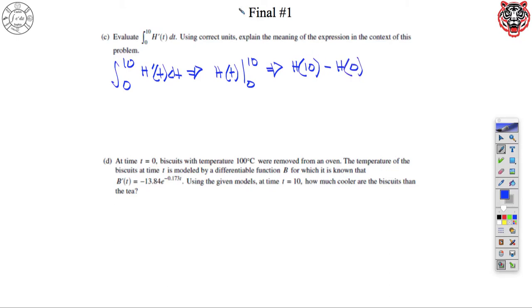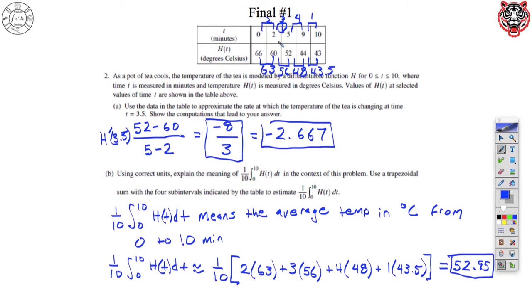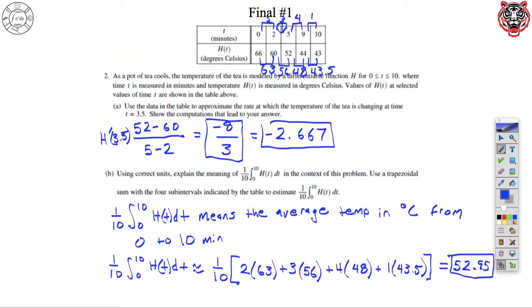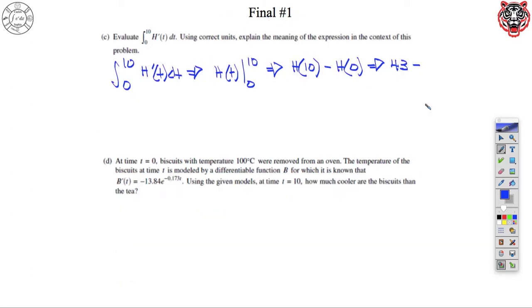Just plugging those in. What is h of 10? Just from the table, h of 10 is 43. So this is going to turn into 43 minus h of 0, which was 66. Minus 66. And math, so go up 4 to get to, go up 7 to get to 50. And then go up another 16.